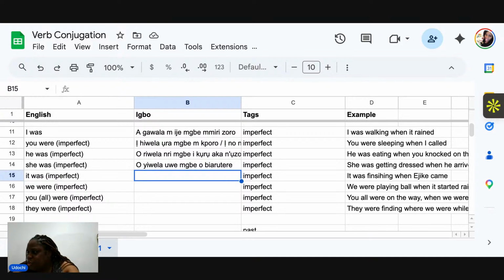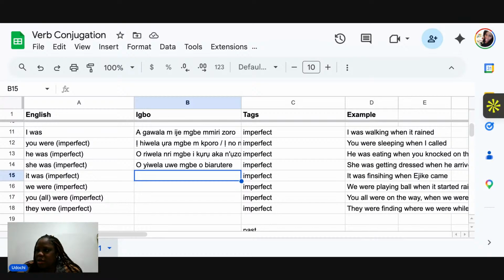He was finishing when Educate came. Is it mechawa, I think, or is it mecha? Let me see.